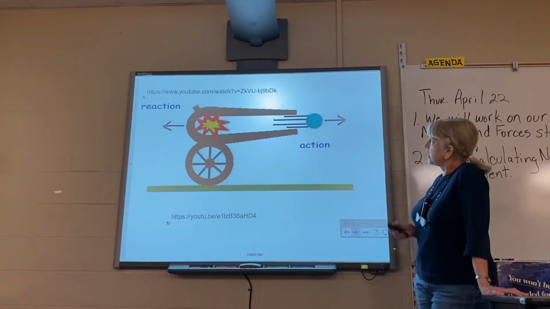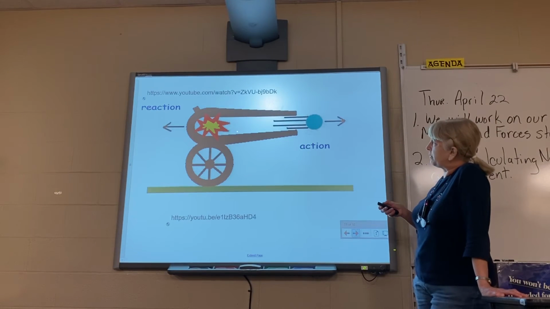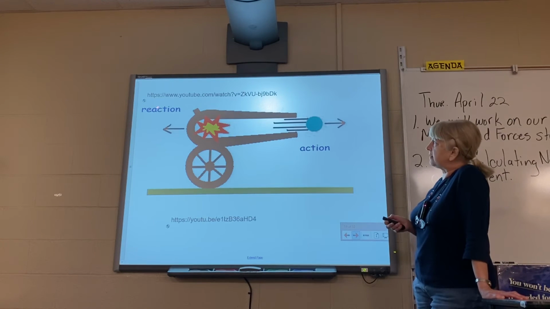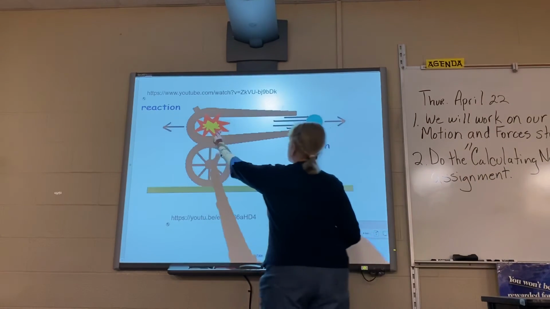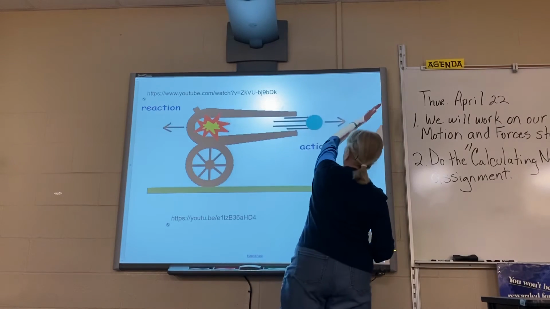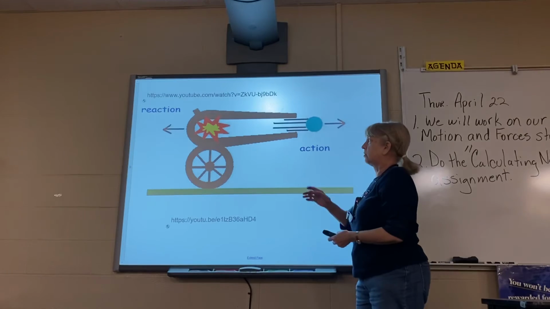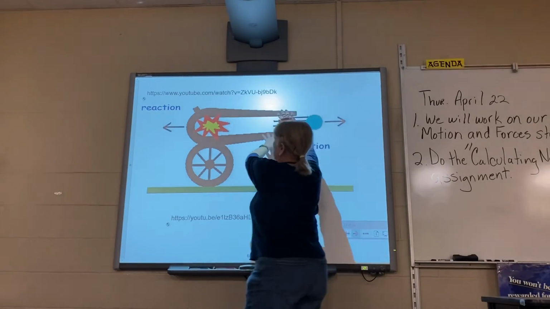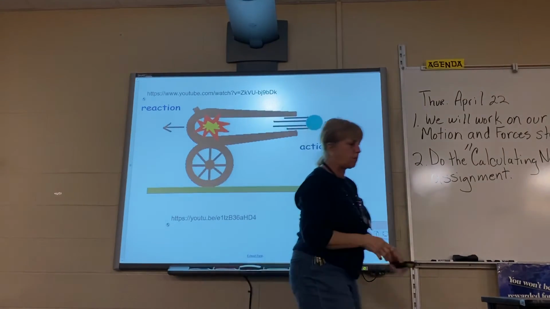They load that big old cannonball into this barrel, pack it with gunpowder, and then light it. The moment that ball comes shooting out of the barrel, you better not be standing behind it, because this whole cannon goes back with the same amount of force.